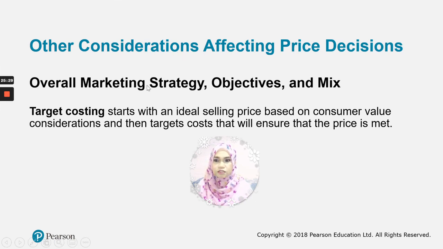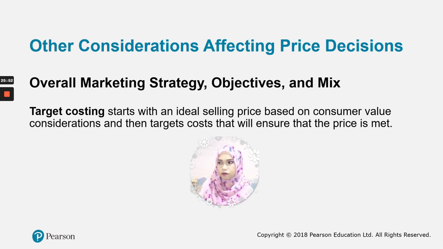First you need to consider the target costing, which starts with an ideal selling price based on consumer value considerations, and then you target the cost that will ensure that the price is met. Before you set a price, you must already have in mind what you want to produce.